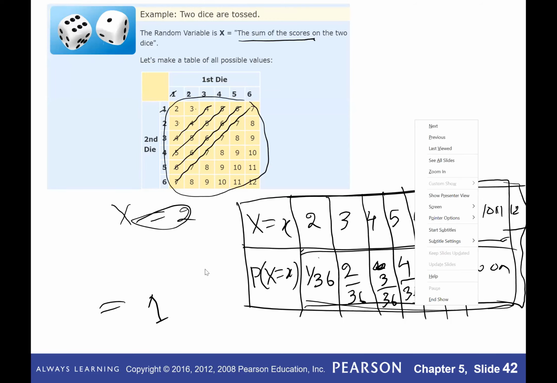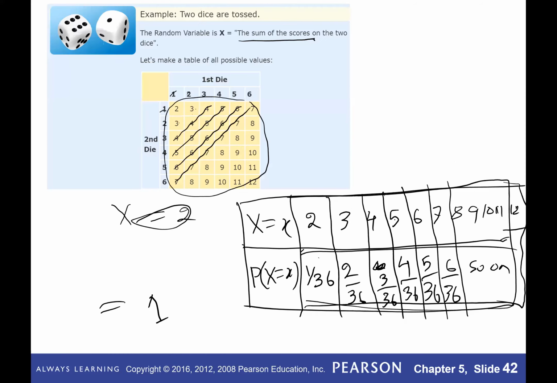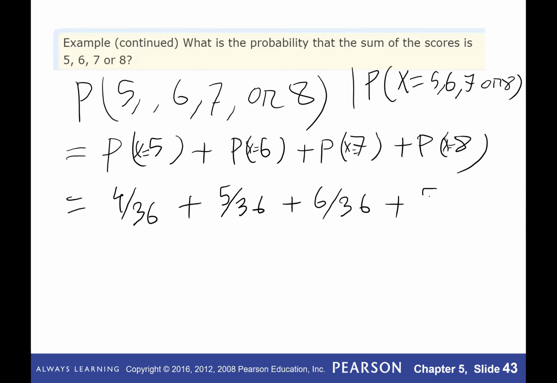When x is 5, this is 4 over 36. And when x is 6, this is 5 over 36. And when x is 7, this is 6 over 36. And when x is 8, this is 5 over 36.